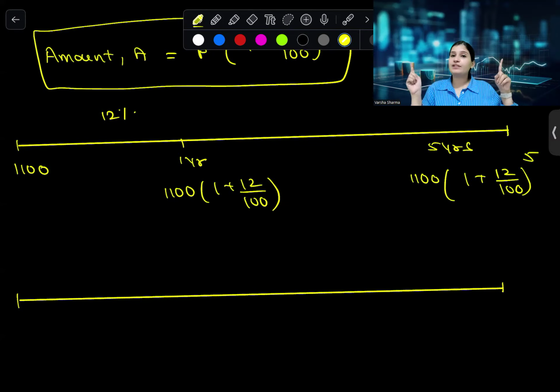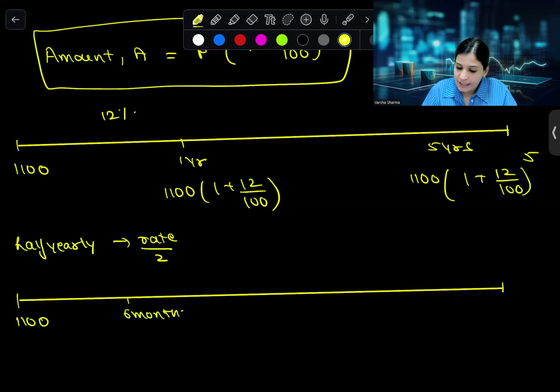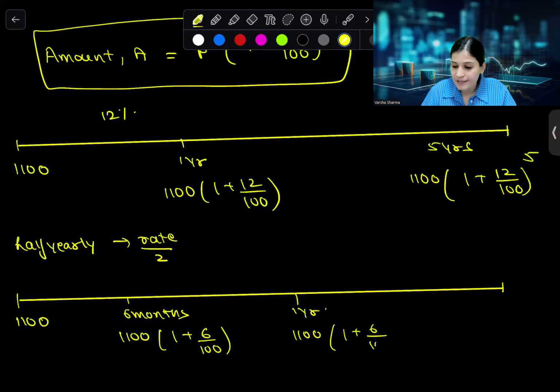If 10% would have been for the whole year, then for half yearly, I will take 5%. Half of the rate. So when I'm doing half yearly, the rate becomes half. So this 1100 after 6 months will become 1100 into 1 plus 6 by 100. After 1 year, it will become 1 plus 6 by 100 to the power 2.